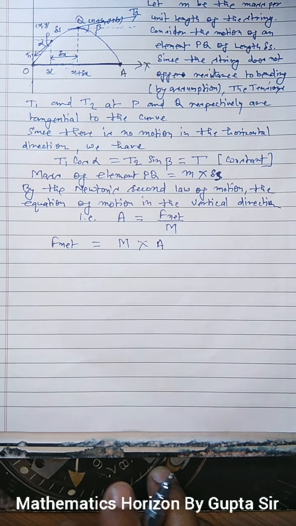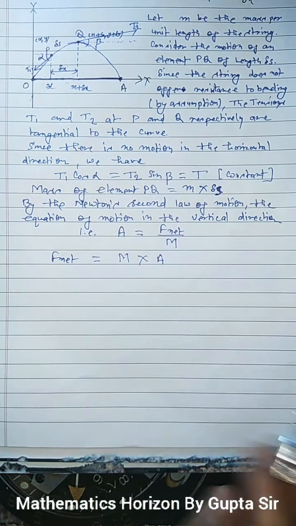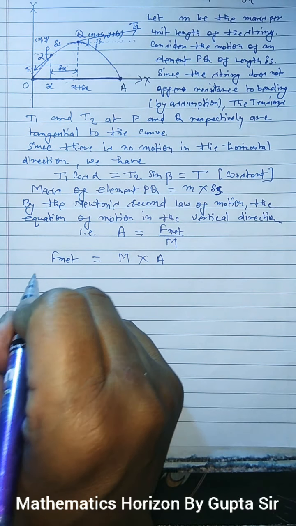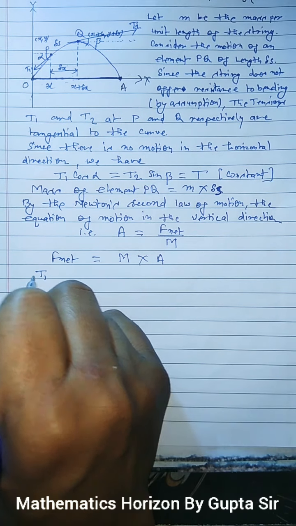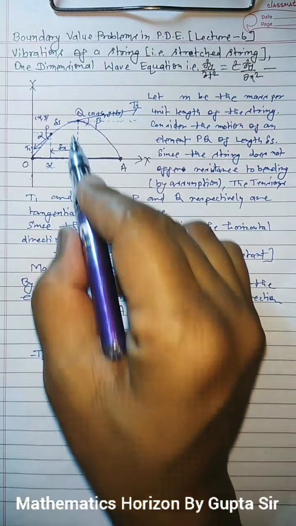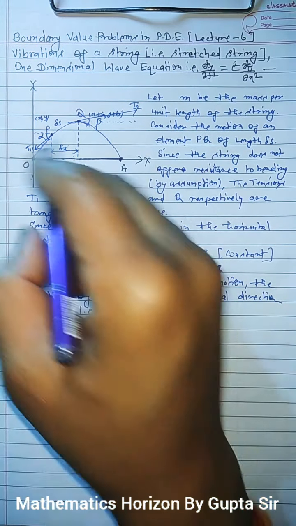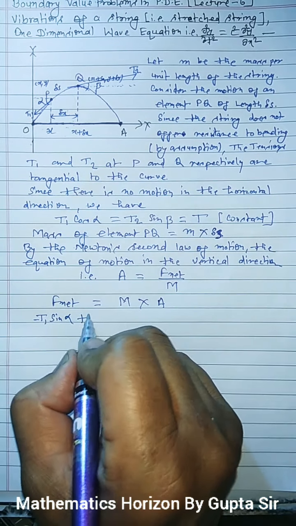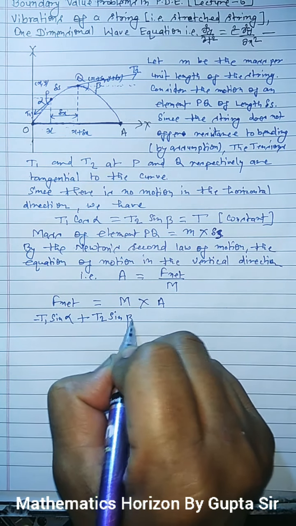Now what is F? What is the force? It is minus T1 sin alpha, because it is in the downward direction. Net force, we add these two forces, T2 sin beta minus T1 sin alpha.